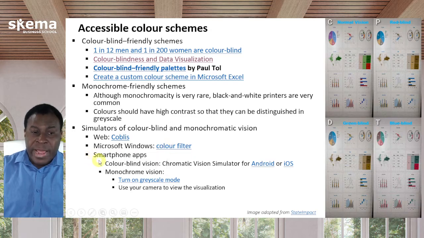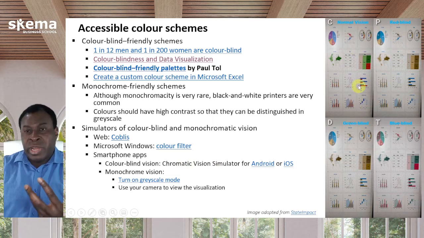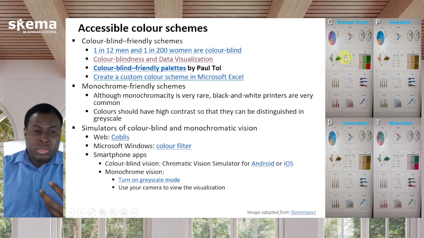Then some smartphone apps that I find personally useful. Chromatic Vision Simulator lets you use your camera over any image or visualization or view, and it shows you what colorblind people would see. And that's what I used for this particular screenshot to distinguish what different kinds of colorblindness would perceive from the same image that people with normal vision would see.